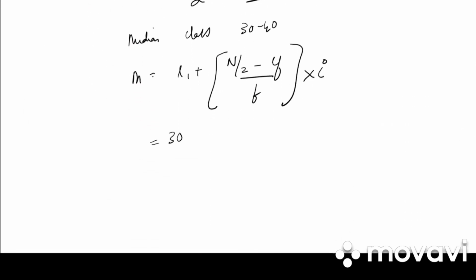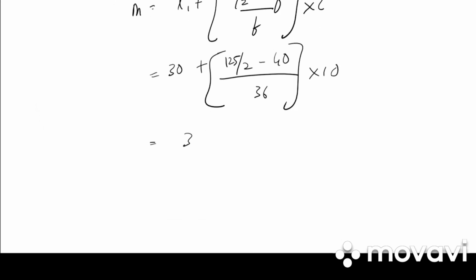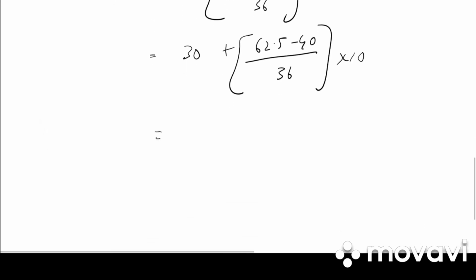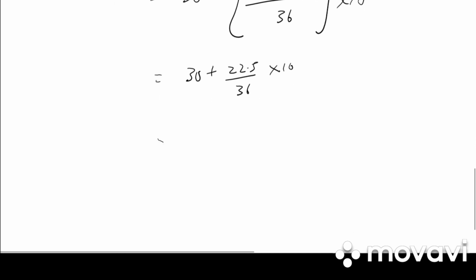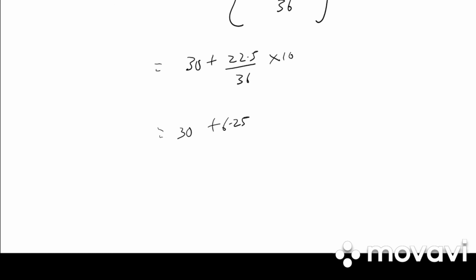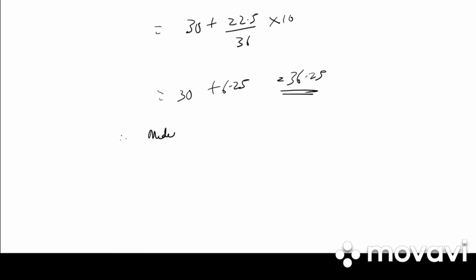So L1 is 30 plus 125 divided by 2 minus 40 divided by 36 into 10. 30 plus 62.5 minus 40 divided by 36 into 10. 30 plus 22.5 divided by 36 into 10. 30 plus 6.25, that is 36.25. Therefore, median is equal to 36.25.